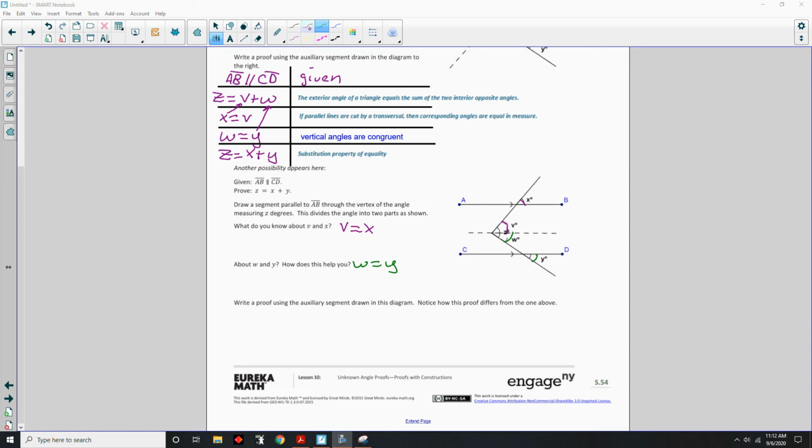So if we now write a proof, again we're going to start with the same. We were told AB was parallel to CD. And the reason? Is given.